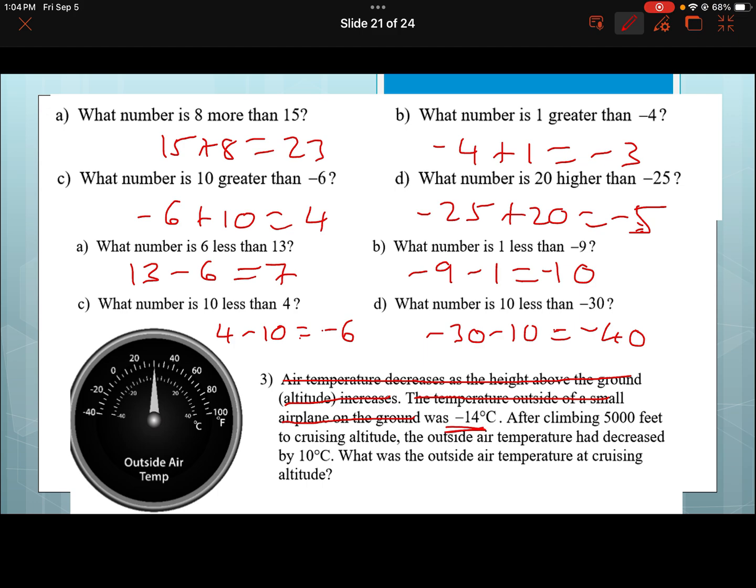After climbing 5,000 feet, and at no point did they mention feet at all, so this is just another number that isn't useful. To cruising altitudes, the outside air temperature had decreased is important, by 10. So it says -14 has decreased by 10, so my answer is just -24. So all of that information there was pretty much useless, apart from the -14 and decreased by 10.